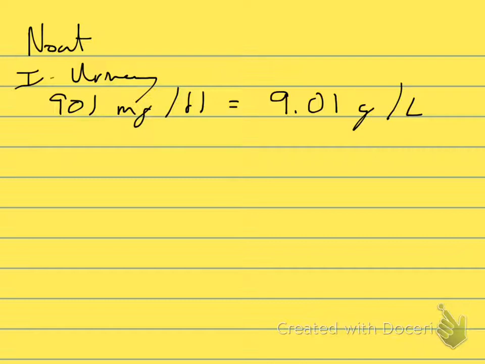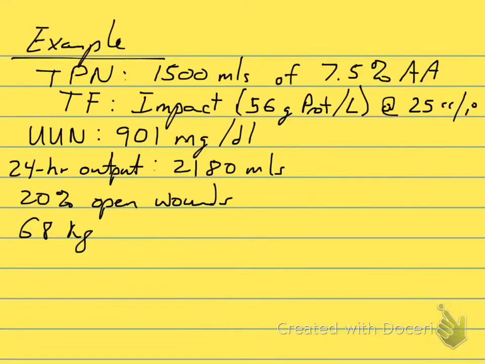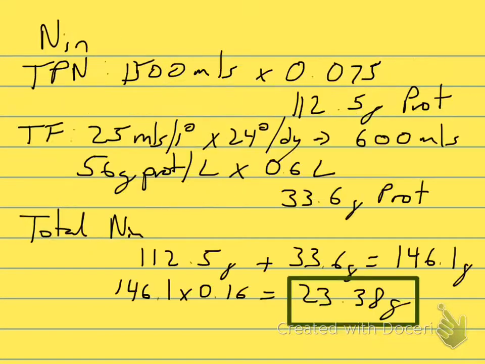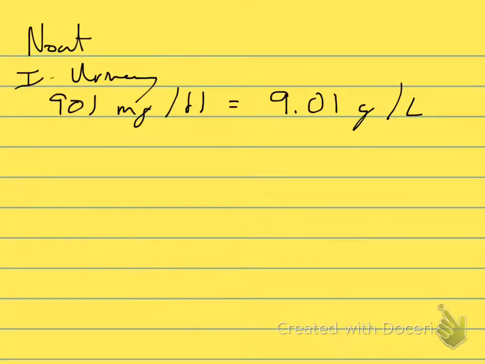Okay, just simply move the decimal point over 2 places to the left to go from milligrams per deciliter to grams per liter. And then we had our output. Let me come back here. Our 24-hour urine output was 2180 mils. I'm going to convert that into liters, again to make the math easier, 2.18 liters. Okay.